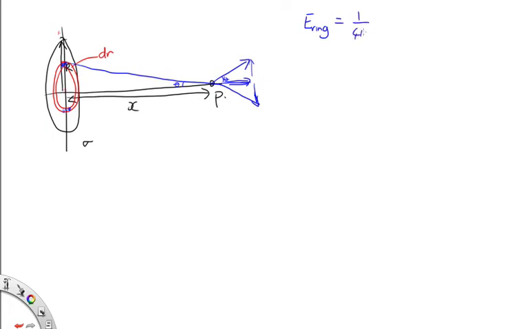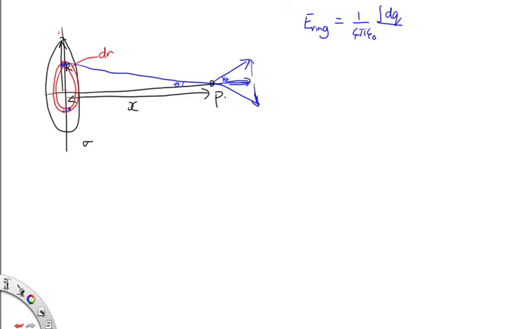So if we want to calculate the electric field for the ring, we'll have 1 over 4 pi epsilon naught, and then we'll need to sum together all the dq's. So when we sum, we integrate, and this will be over the distance, which is fixed for this ring.